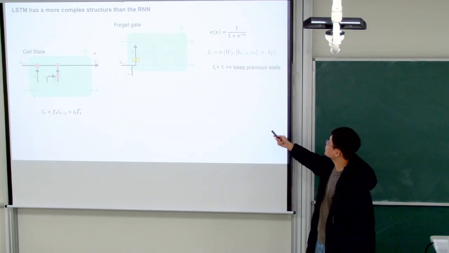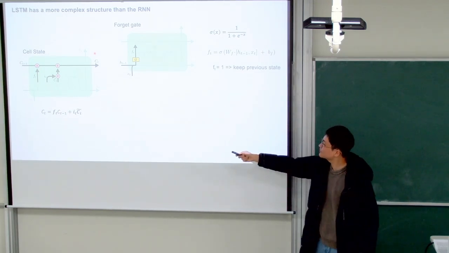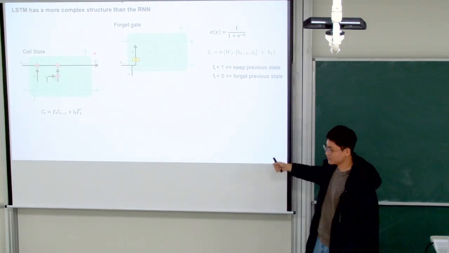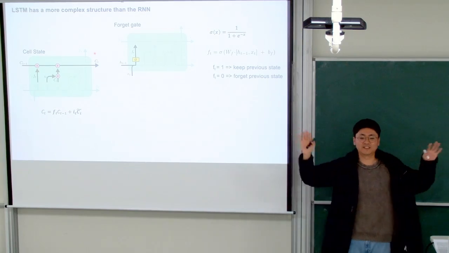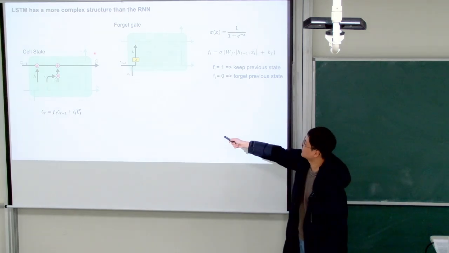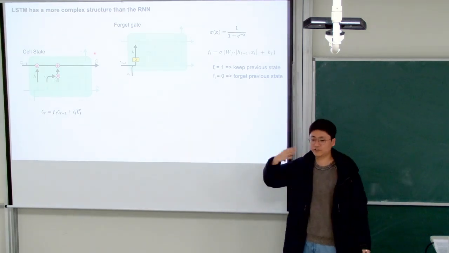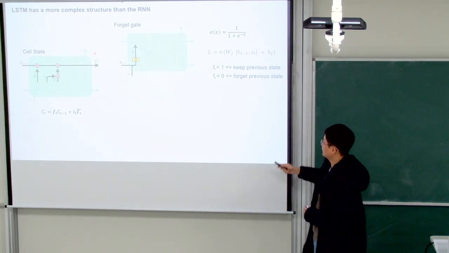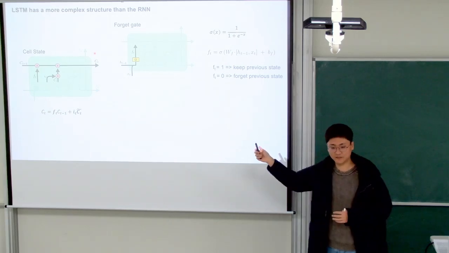If the value is 1, we keep the previous state. But if it is 0, we completely forget the previous state and determine our state mainly based on just the current input. That's what this forget gate means.